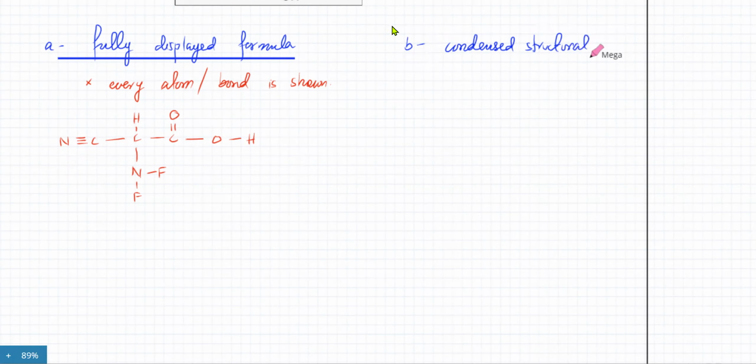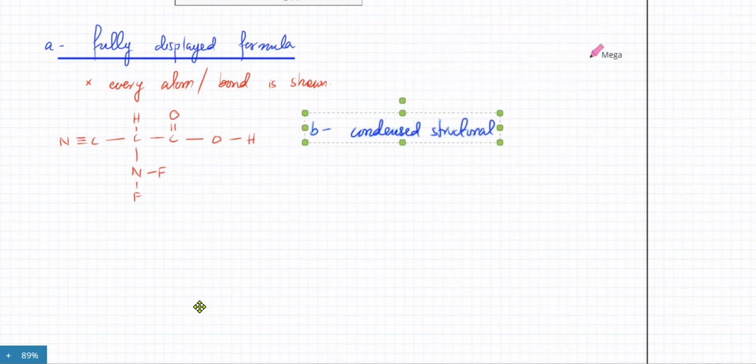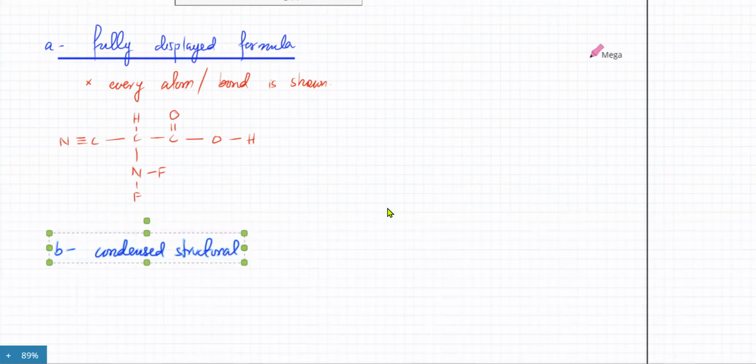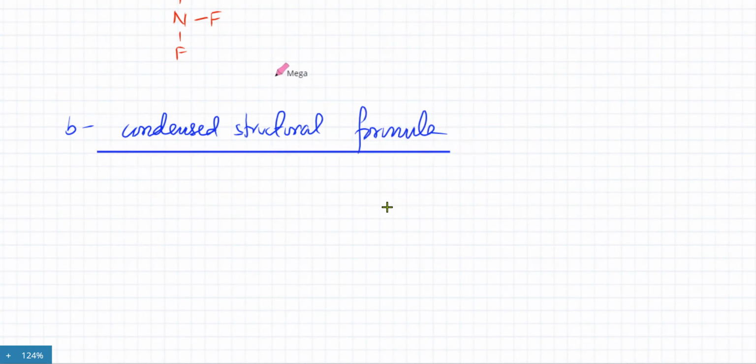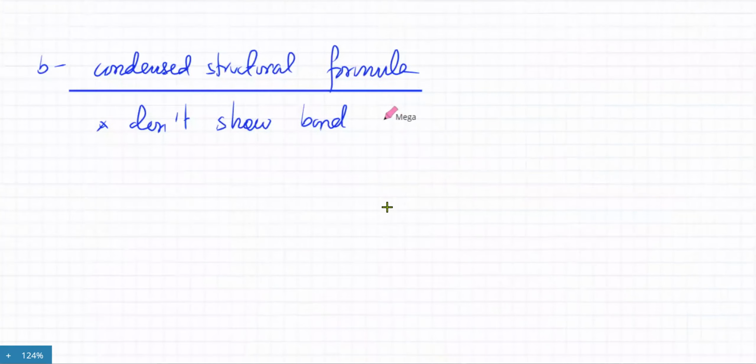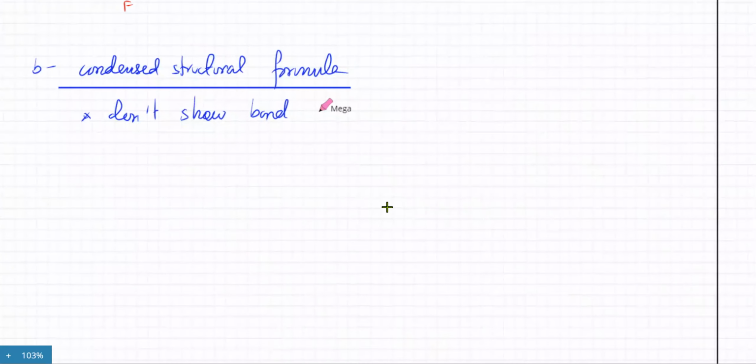So that's your condensed structural formula. Now, in a condensed structural formula, you don't show all the bonds. You can show some of the bonds, or you can hide the bonds. You can hide some of the bonds and show the other bonds.